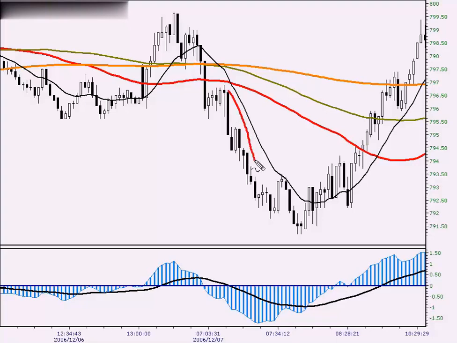So notice how here it never comes back and touches the 15 EMA. That's a pretty good sign of the market going parabolic. In other words, just pretty vertical, as opposed to getting these nice sine wave type retracements. So when that happens, then your momentum is pretty straight down too.